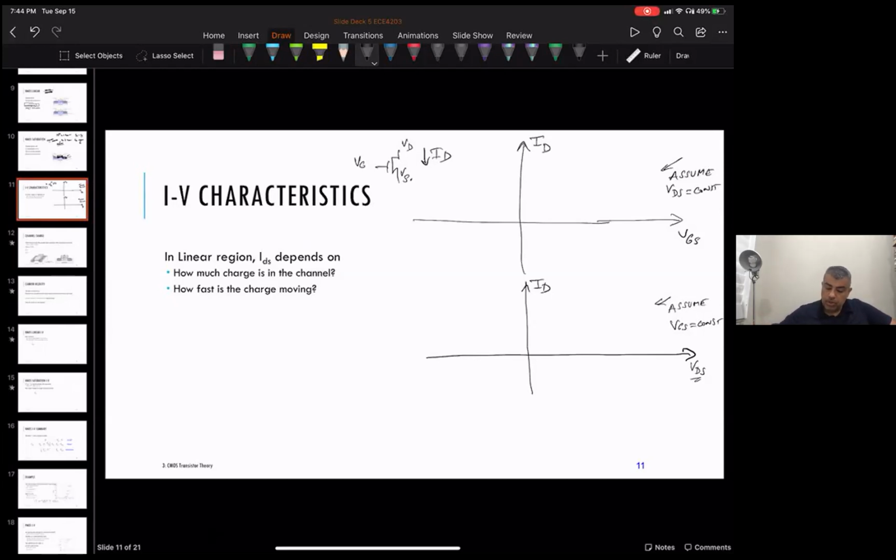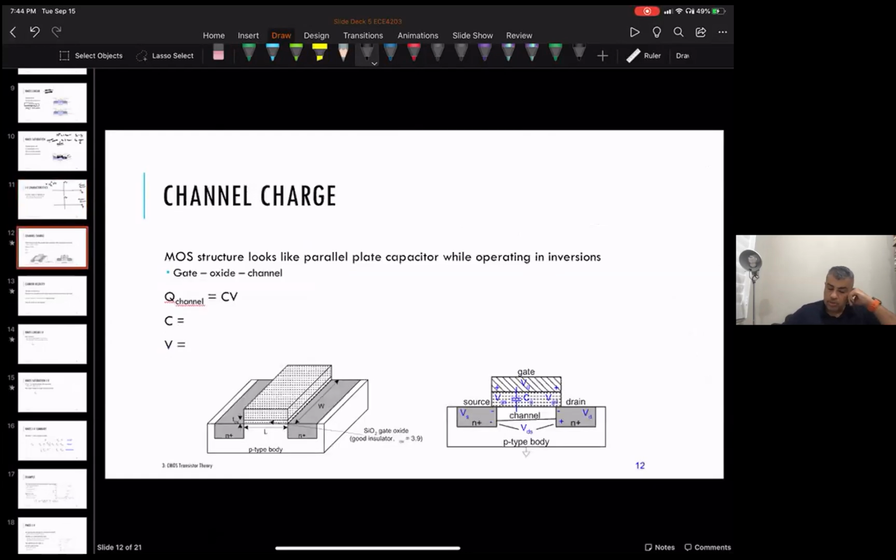Okay, so I think the question is, what's happening now in the linear mode, linear operation? Okay, so that depends on how much charge we have in the channel. And so that is pretty easy if you're looking at the channel charge, right?